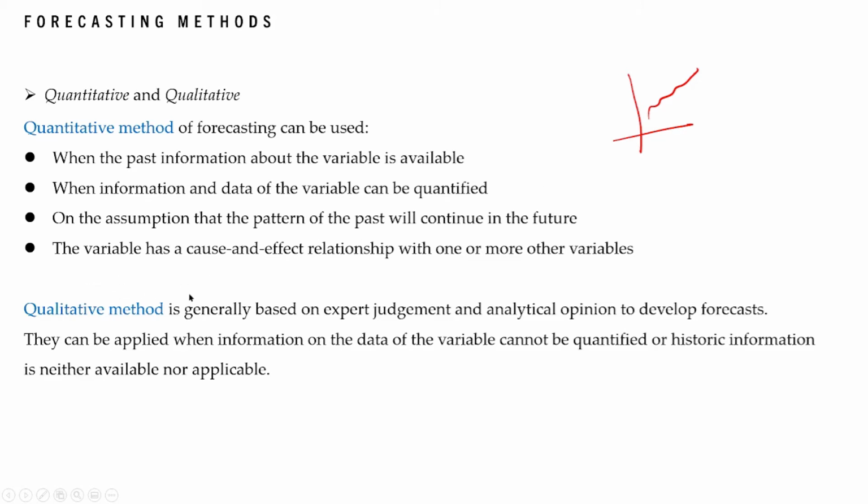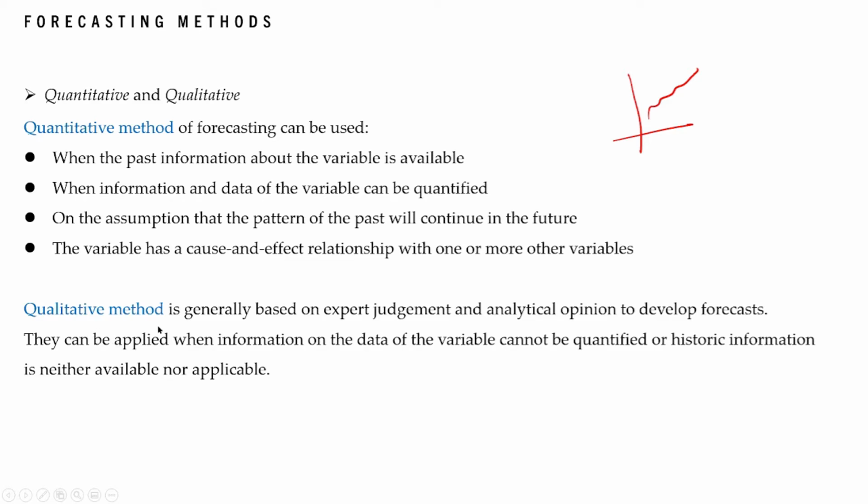And next, the variable has a cause and effect relationship with one or more other variables. Now say for example the share price and price of gold are related. So like that, if there is a cause and effect relationship between one or more variables, then we can use quantitative method.